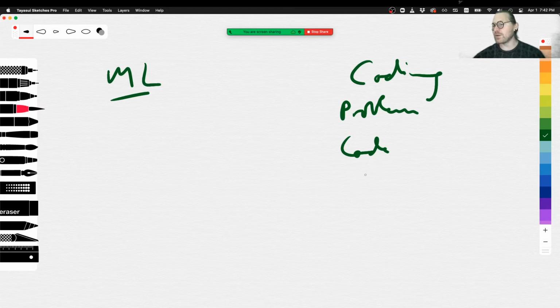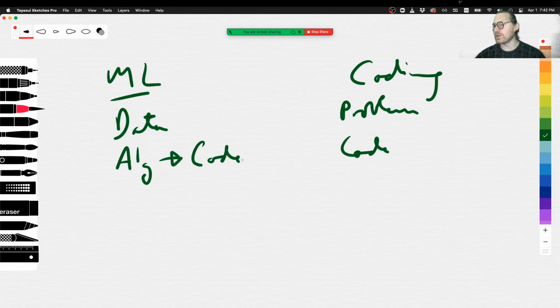With machine learning, you start with the data, you apply an algorithm, the algorithm gives you a bunch of code to solve problems related to that data. So it's sort of like an inversion of the process. Obviously, you have to write some code in here somewhere. You need to write code to call the algorithm. That's something you'll have to do.